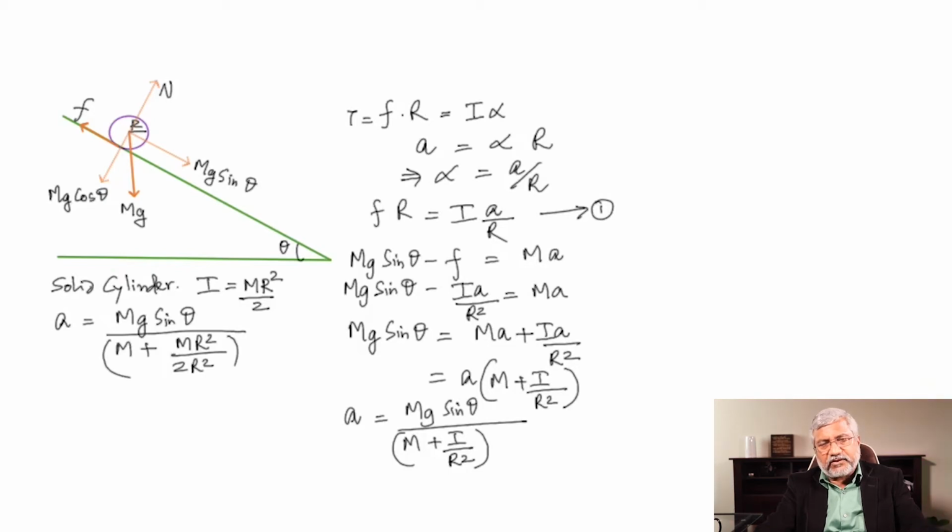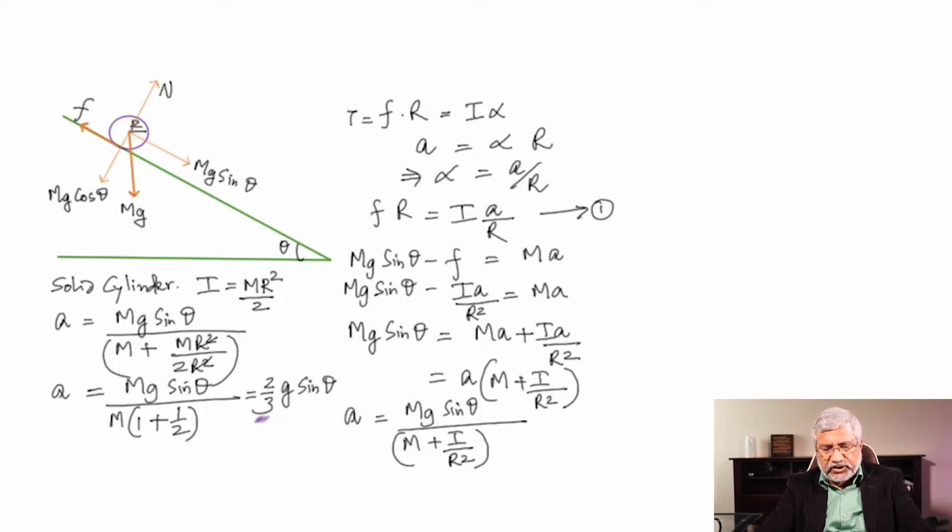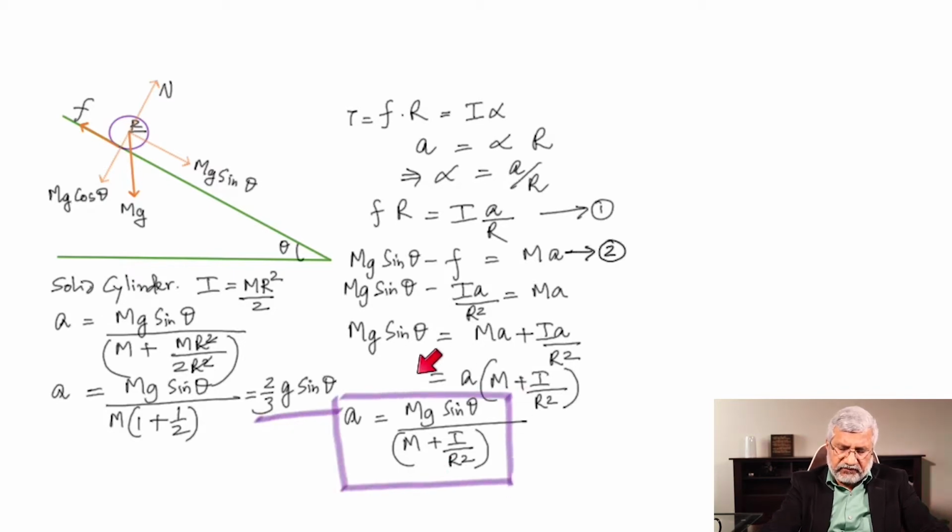So now the masses are going to cancel out and, let me speed this up, I'm taking the mass out there, and you end up with 2 by 3 g sine theta. So this is an important formula that you got to remember.